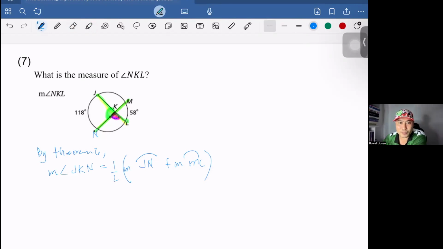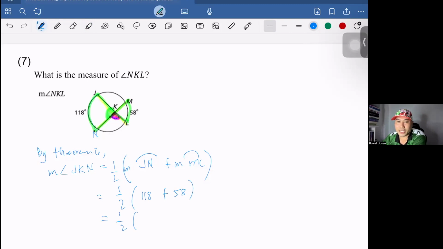So the measure of angle JKN is equal to one half the sum of the measures of arc JN, which is here, plus the measure of arc ML, then multiply by one half or divide by 2. So therefore, we have one half of JN, which is 118, plus ML, which is 58. All right.